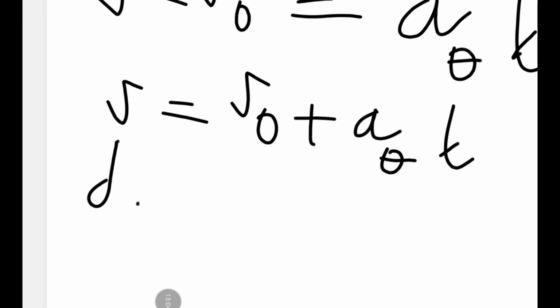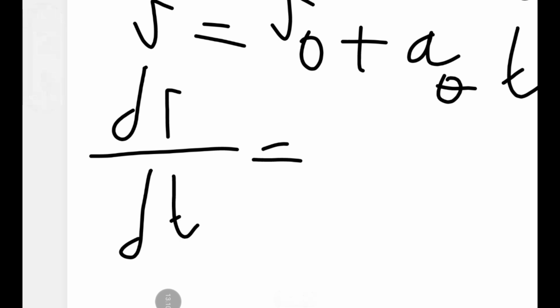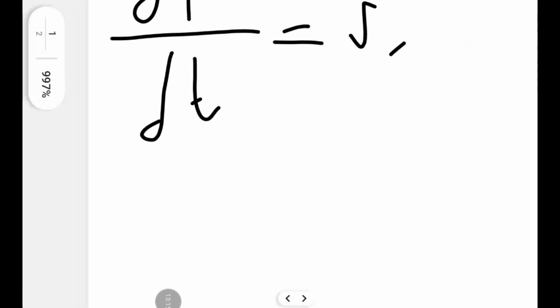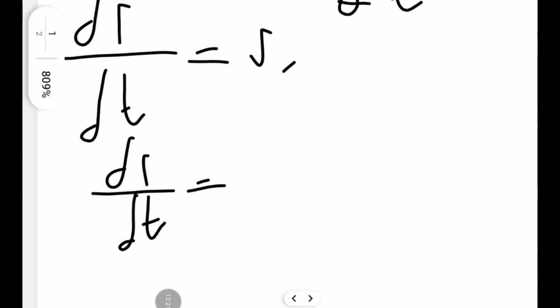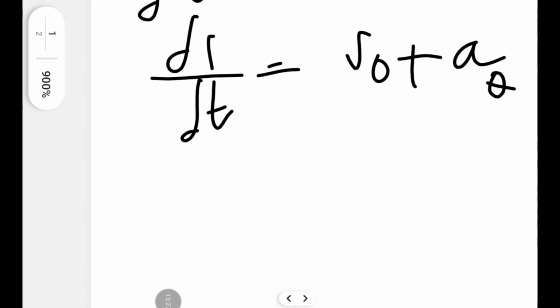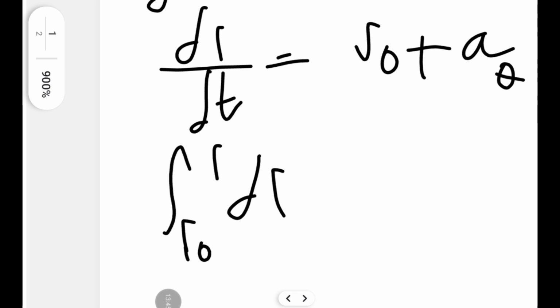Displacement we can write like this: dr by dt is equal to velocity. We know that. So we can write dr by dt is equal to v0 plus acceleration theta times t. Therefore we have the integral between the initial displacement r0, which could be 0 but we don't know for sure, and r, the general r value that we're at currently, of dr. Remember, that's just going to be 1 in there.